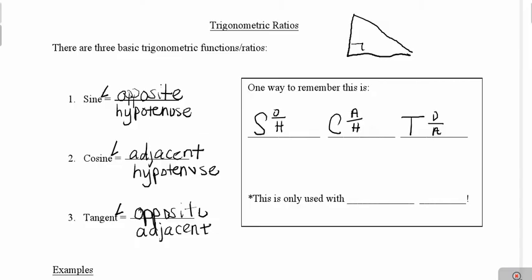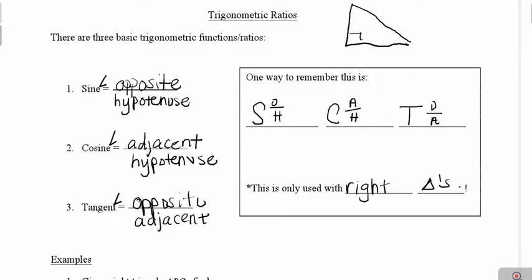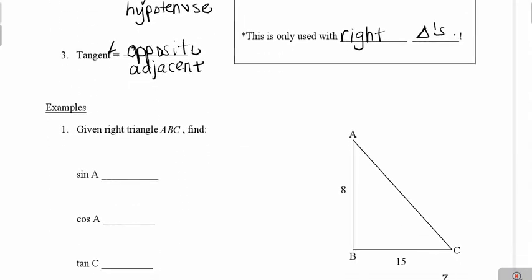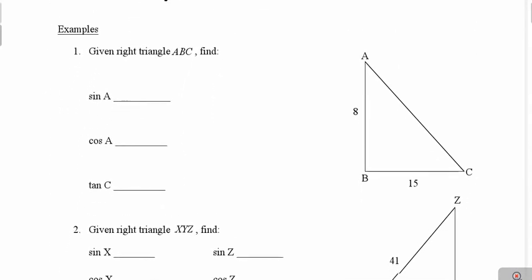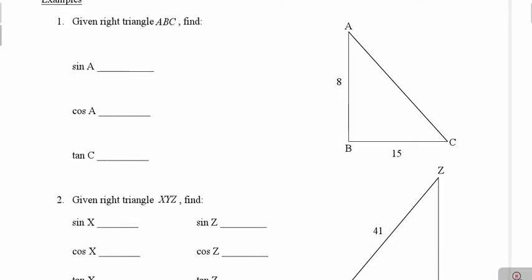Keep in mind that this is only used with right triangles. And again, if you can't find the missing side or angle any other way, then you're going to use trigonometry.